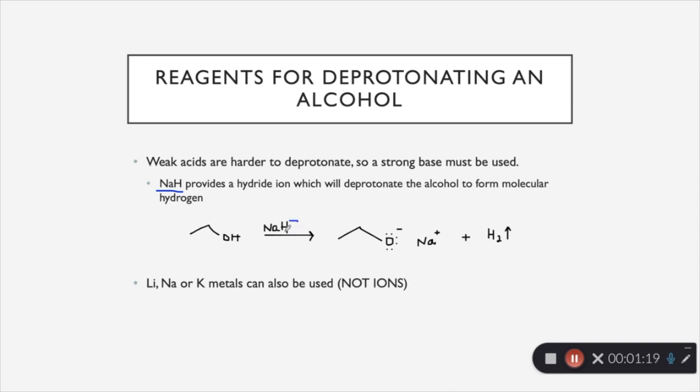And this hydride ion right here is what is going to deprotonate the alcohol, leaving behind the alkoxide and the sodium ion, and then that is going to combine with the hydrogen that it deprotonated from the oxygen, and it is going to make molecular hydrogen, which will disappear as a gas. You can also use lithium, sodium, or potassium metals, but not as ions.